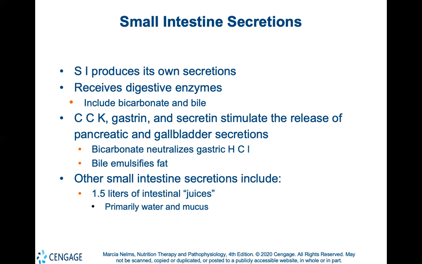As chyme moves from the stomach into the duodenum, the hormones cholecystokinin, gastrin, and secretin stimulate release of pancreatic and gallbladder secretions. Bicarbonate from the pancreas neutralizes the very acidic chyme as it enters from the stomach. Bile from the gallbladder supplies emulsification for adequate lipid digestion.